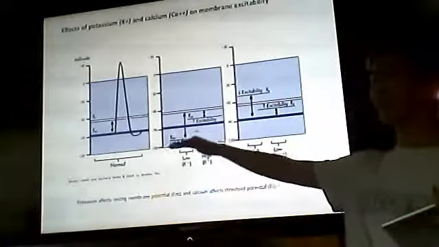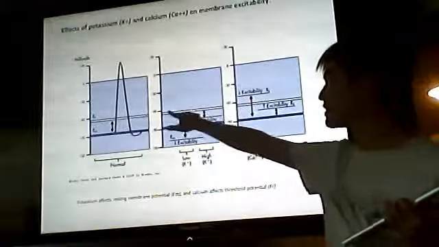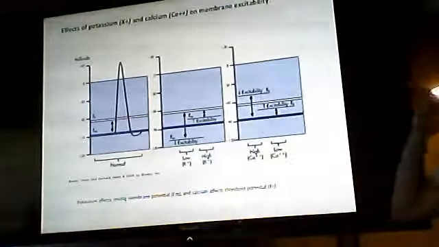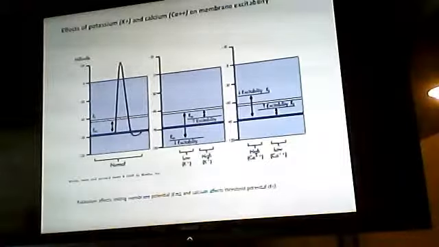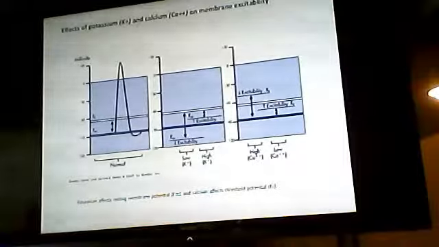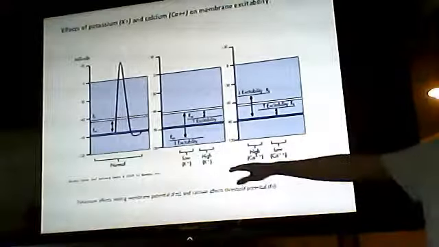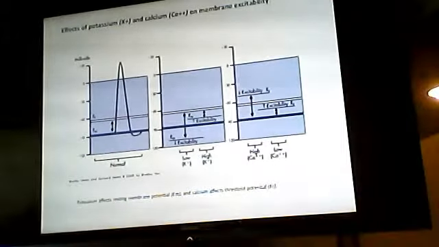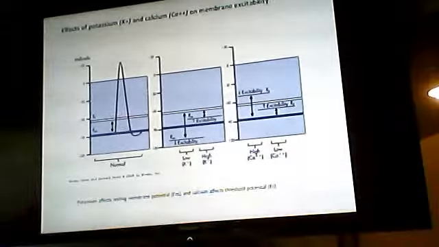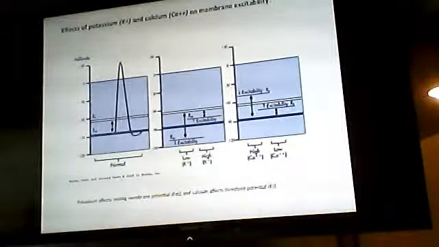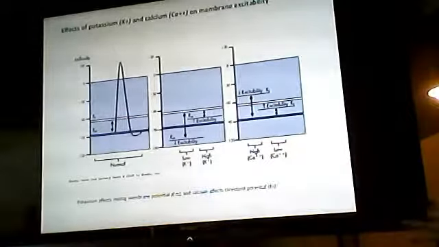And if we're more negative, it's even farther to hit this, let's say, -60 threshold for membrane excitability. So it's even more difficult to get excited and start an action. If we have low potassium, it's harder to start an action. If we have high potassium, then we're much closer to that threshold, because we're more positive, less negative, so we're easily able to get excited and cause an action.